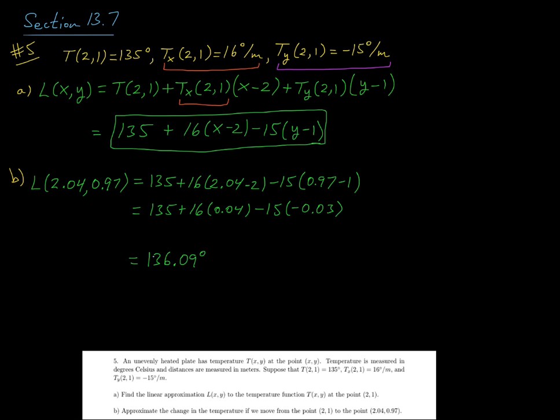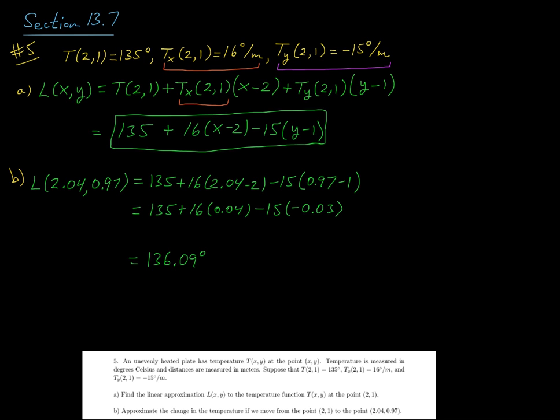So this is our approximate temperature at this neighboring point, (2.04, 0.97). But we're asked to approximate the change in the temperature, not the temperature itself, as we go from this base point to this new neighboring point.